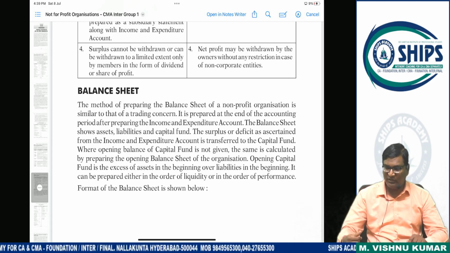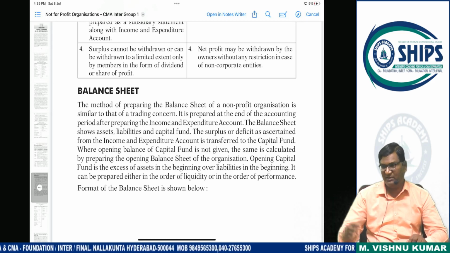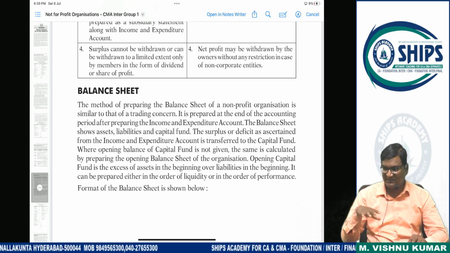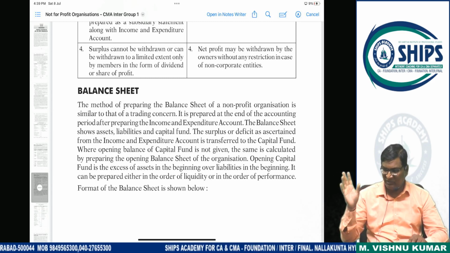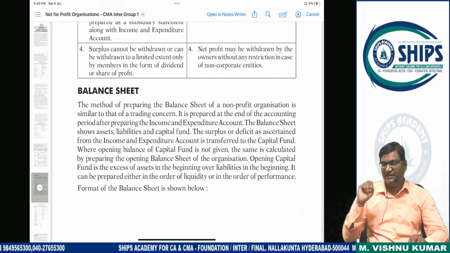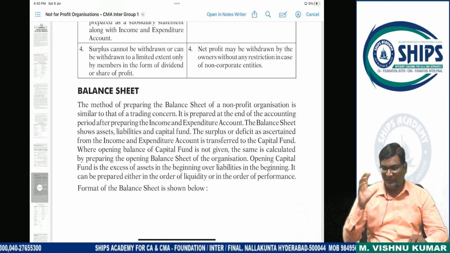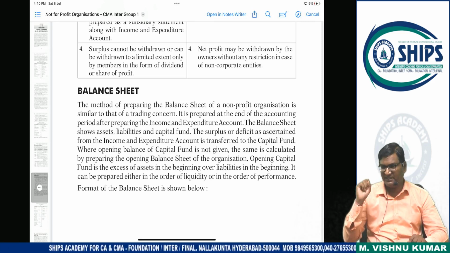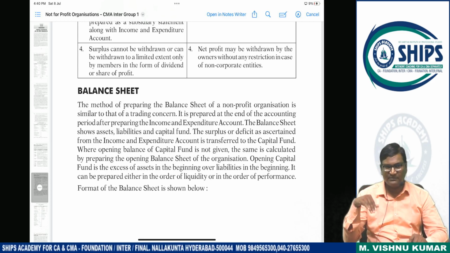After the capital fund calculation, we can prepare the closing balance sheet. In the closing balance sheet, in the capital fund, surplus will be added and deficit subtracted. Any item which is capitalized is added; any item which is not capitalized, if it is of capital nature, we write separately, like donation, legacy, life membership fees. Borrowing, outstanding expenses, income received in advance are liability side entries.